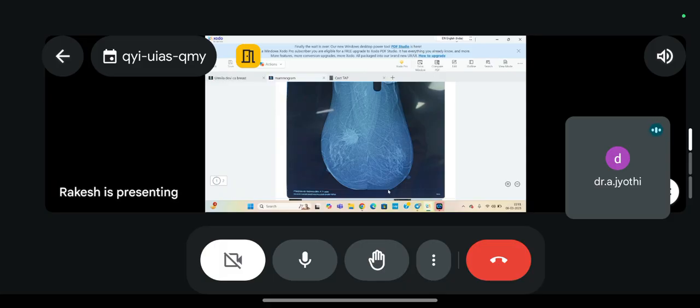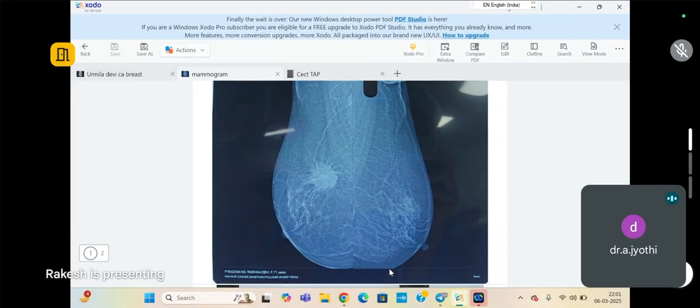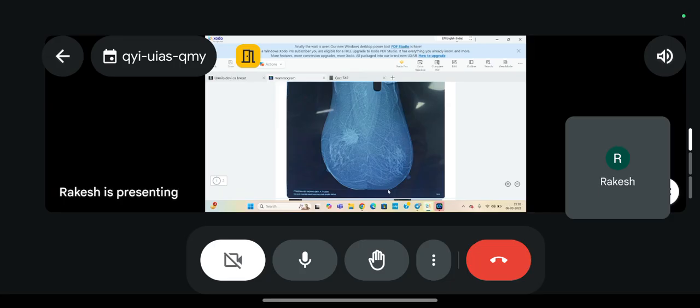Mixed can be present in breast, but I do agree. More common is osteolytic. Blastic is in prostate. Osteolytic is more common in breast. Okay, that is about metastasis.